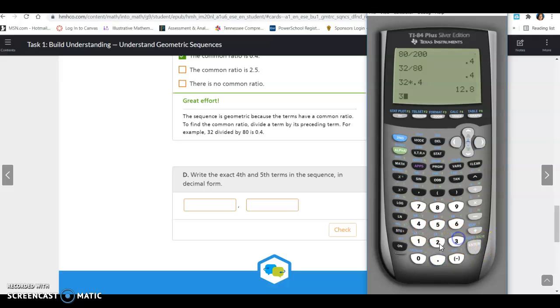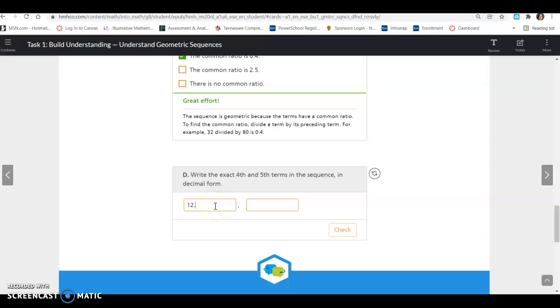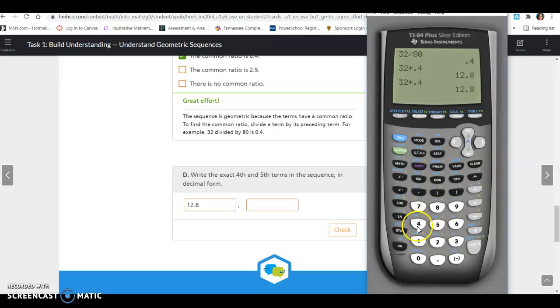And then 32 times 0.4 again gives me my fifth term. Whoops, I did 32 again. I got to find that one first. Let's see. So 12.8. And then that would be my fourth term. And then 12.8 times 0.4 gives me my fifth term, which is 5.12.